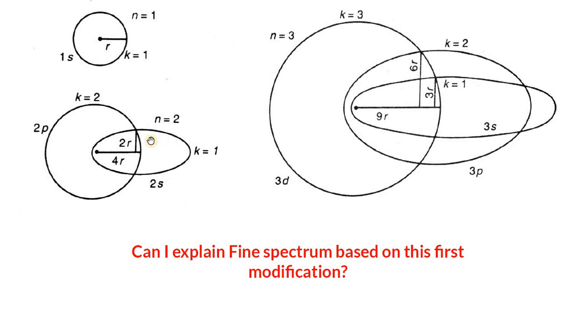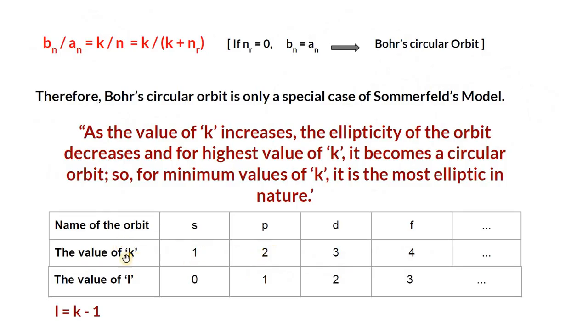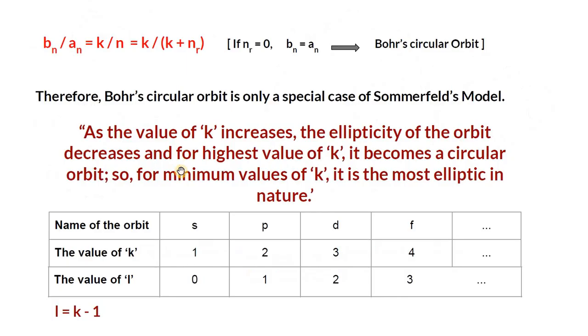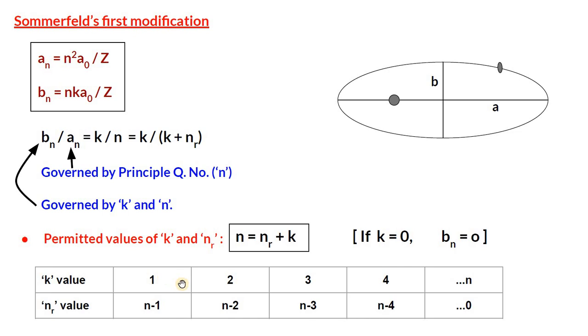In the second case, if you consider the 2p orbital, that means n equals 2, and p corresponds to k equals 2. So when n equals 2 and k equals 2, it will be circular. Because k has two possibilities here, since k starts from 1, if n equals 2, k will have values 1 and 2.